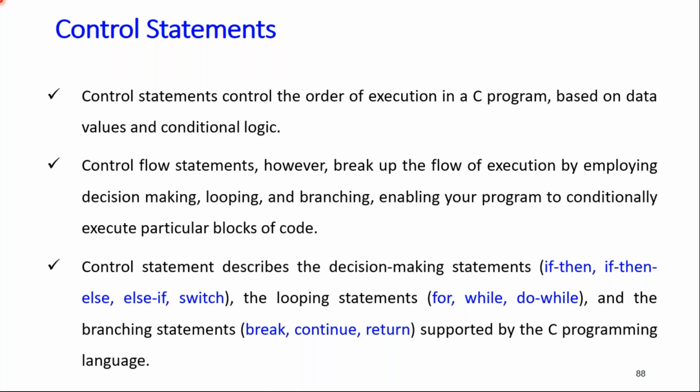Similarly, the control statement will help in executing the wanted statement and skipping the rest of the statements in the program, and we are going to get the result. That is what the control flow statement is.